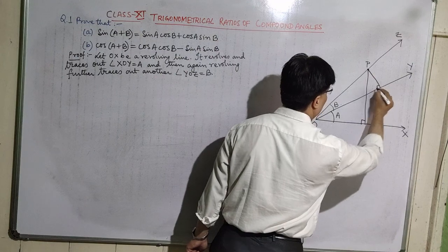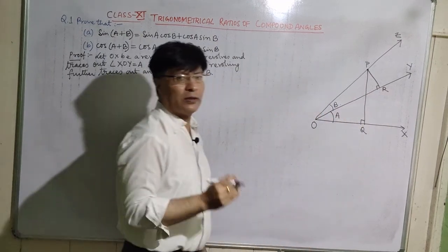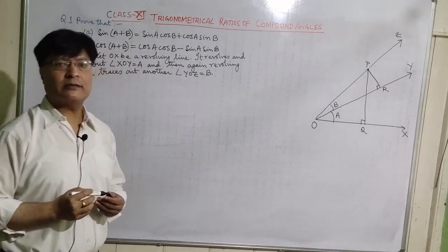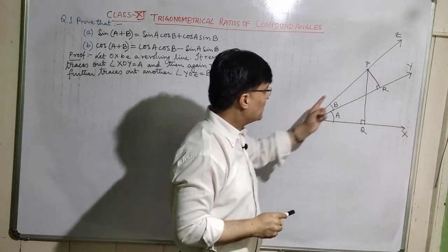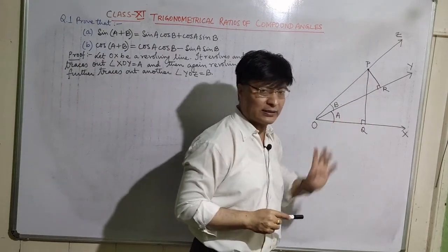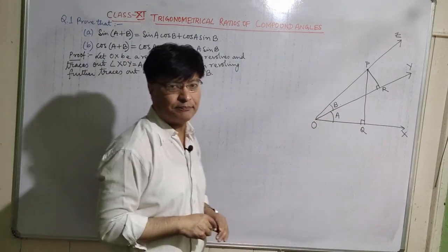These are two perpendiculars. This is PQ and this is PR. So any point P is taken on the line OZ, and from the point P the two perpendiculars PQ and PR are drawn upon OX and OY respectively.